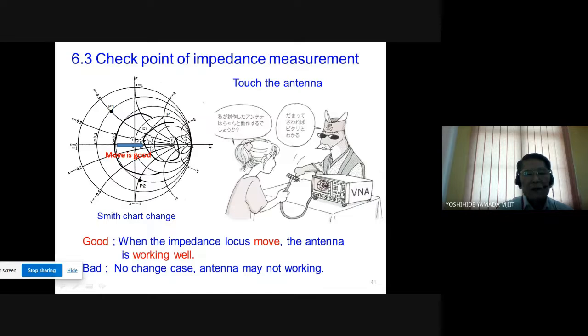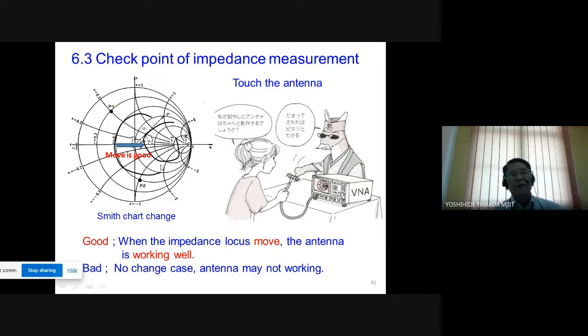Without movement, the current flow on the antenna is not sufficient. So some soldering or some mistake happened in the antenna connection. So from the measurement data, if the impedance locus moves by attaching a hand, that means the antenna is working.